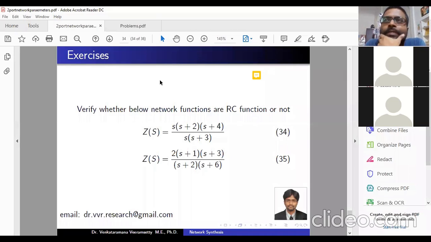Next, all the zeros and poles must come in alternating fashion, that means zero, pole, zero, pole. That is the second condition. The third condition is that the pole must be located near the origin, and the zero must be located at the extreme left on the real axis.